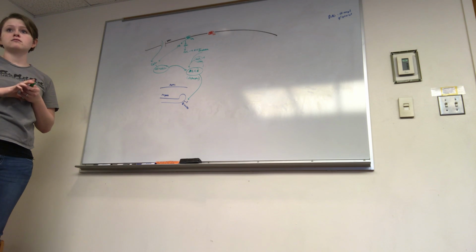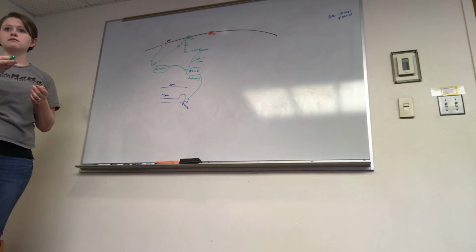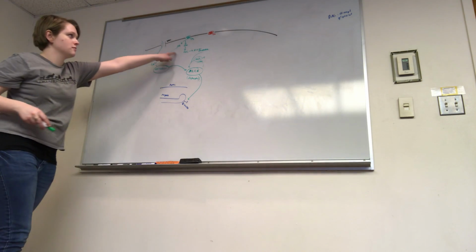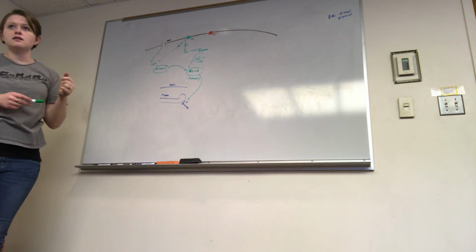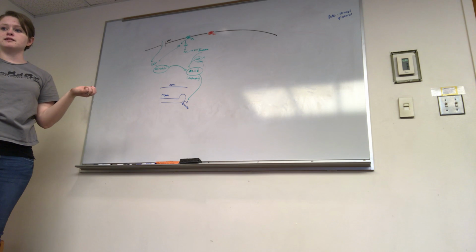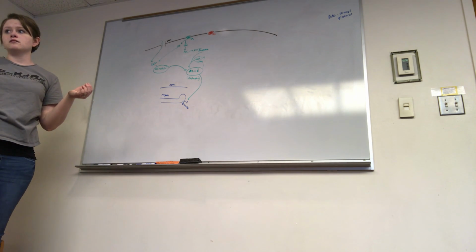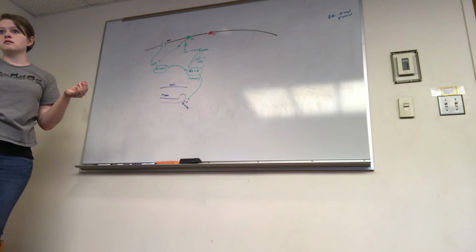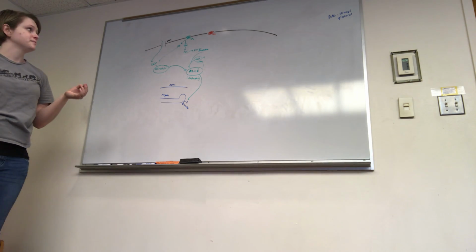PKC. Gq. You're both right. DAG makes PKC, which then makes myosin light chain kinase phosphatase, which comes from what kind of receptor? Gq. Perfect. Which is also known as ROC, which stands for receptor-operated calcium channel. Are you good with this?